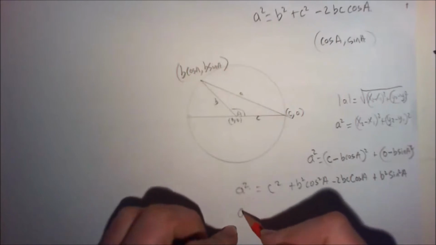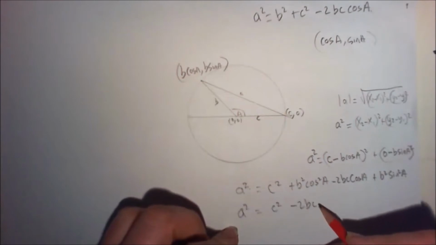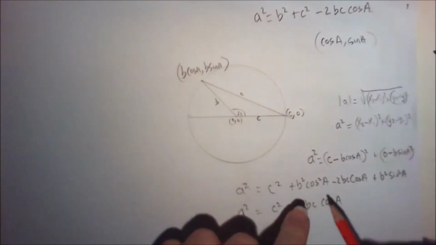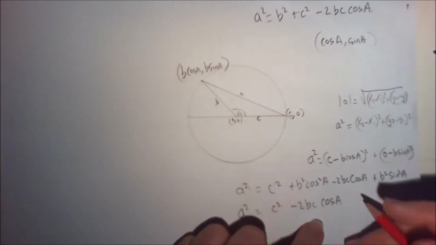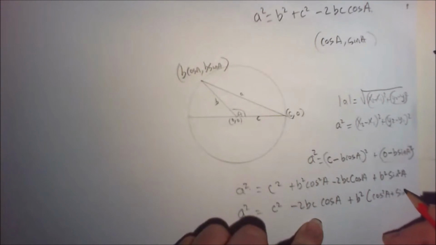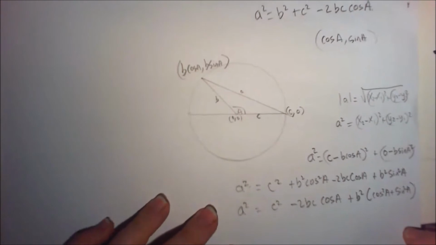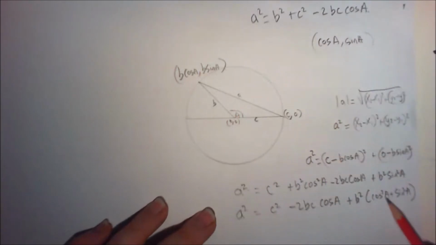So I'm going to take what I need, C squared minus 2BC cos A. Now the only thing I'm missing is the B squared, but I can see it, but it's stuck in these two things. So let's factorize it out of them. Right, we're so close. Look, I have my minus 2BC cos A. I've got my C squared. There's my B squared. If I could only get rid of this.